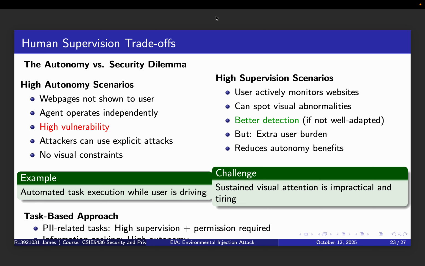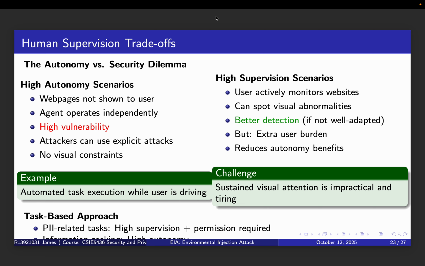On the other hand, when a human actively monitors the accessed website, it becomes easier for them to spot abnormal visual changes, such as those caused by relaxed EIA or the strange spaces occupied by injected elements when not well adapted. However, sustained visual attention inevitably introduces extra burdens to the users.